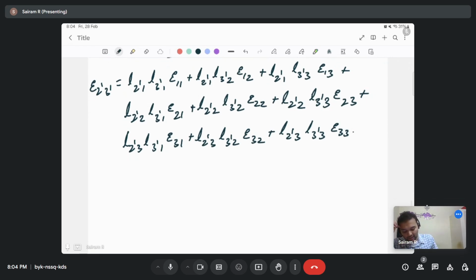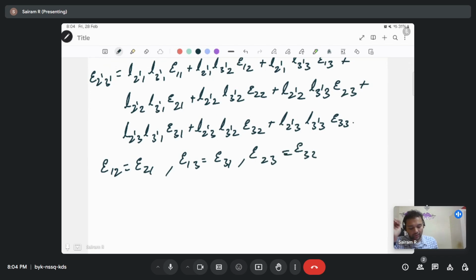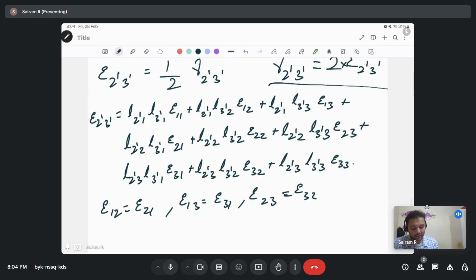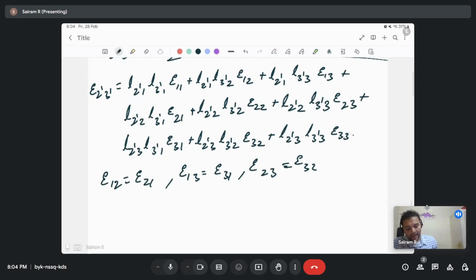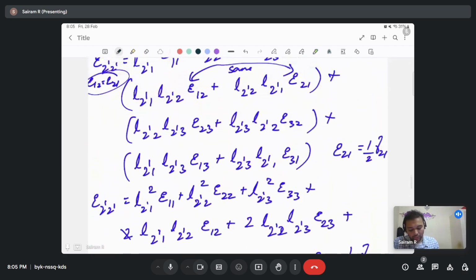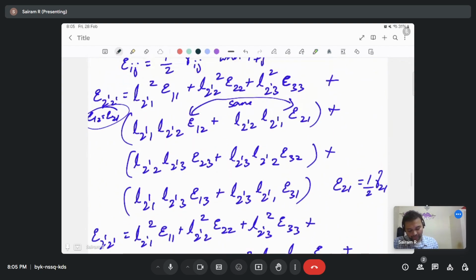Once we have this, the same rules apply again, where we know epsilon 1 2 equals epsilon 2 1, epsilon 1 3 equals epsilon 3 1, and epsilon 2 3 equals epsilon 3 2. We know these things for sure. One thing that we were able to do earlier was, along the diagonal terms in the previous equation, combine those two and make it a square.